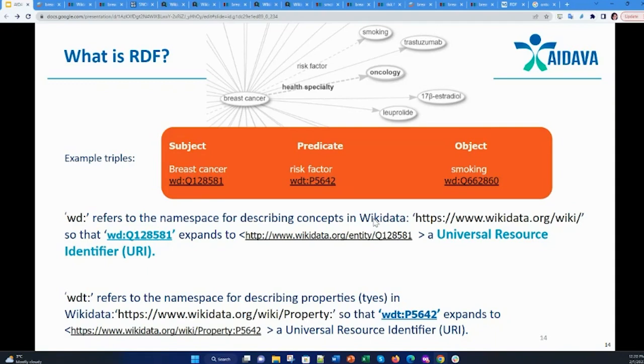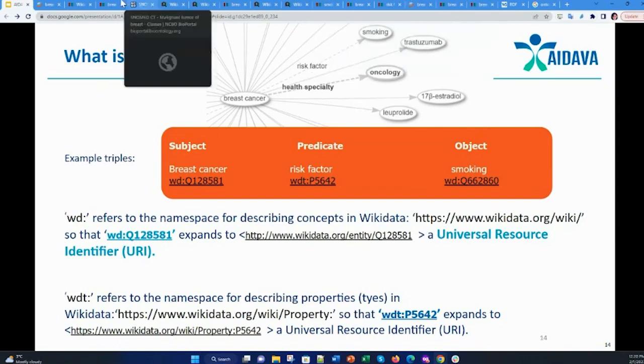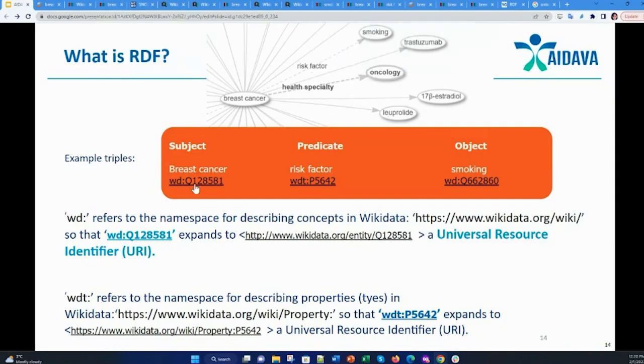As in our example for Wikidata, we have Wikidata unique universal resource identifiers, URIs, which I'm presenting here with the form Wikidata, this is a prefix, and the concept identifier, which starts with Q.